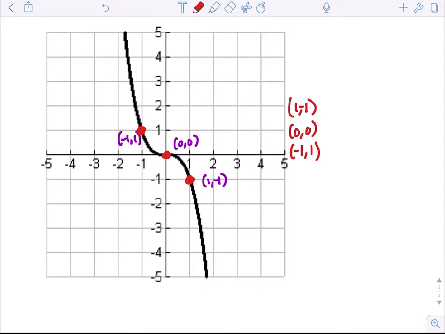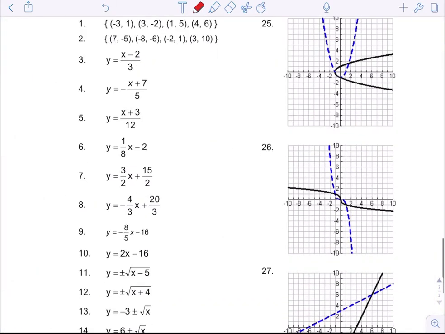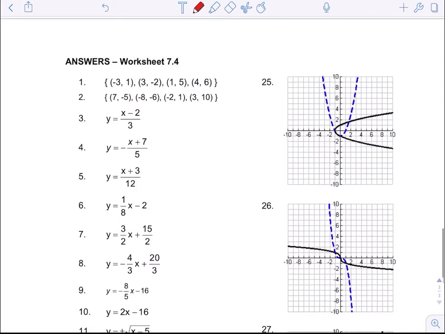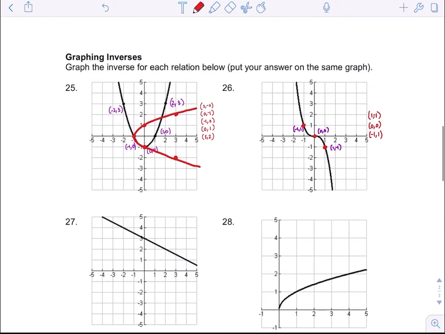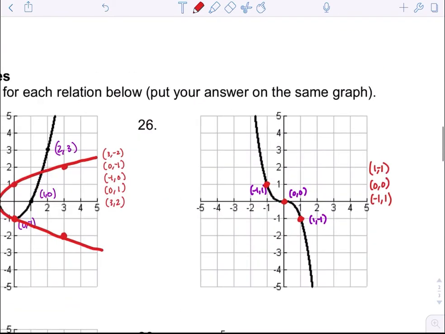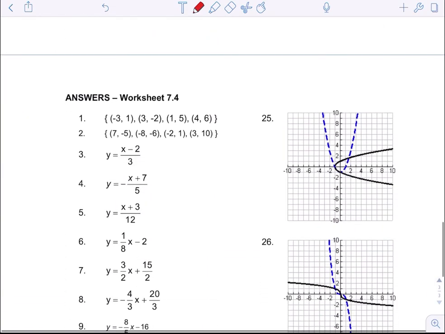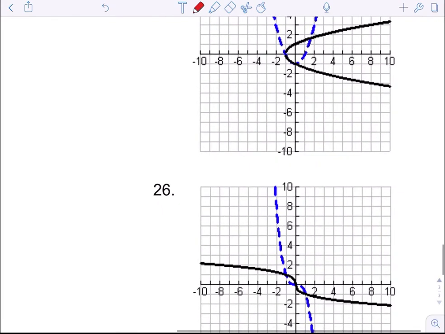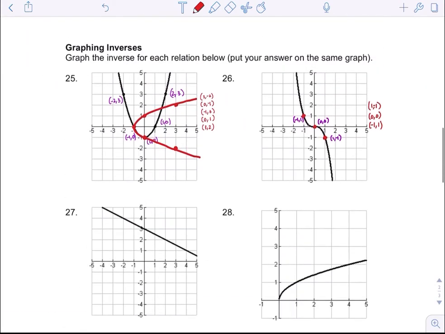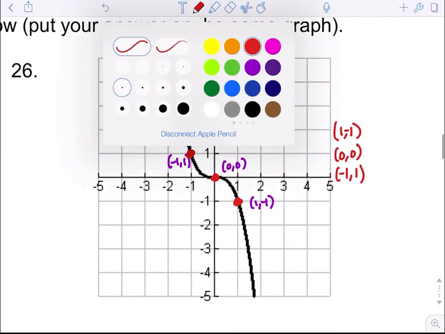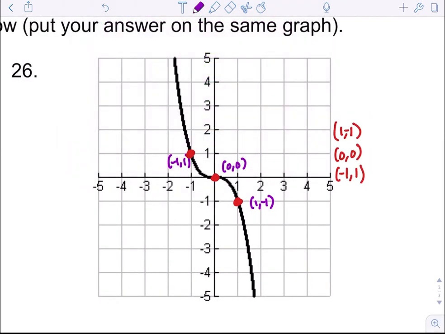Why does this look slightly off? I'm gonna test a random point because for some reason this doesn't feel right. Let's just do this one. I'm just gonna guess.